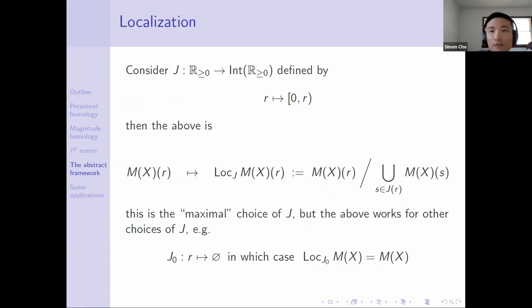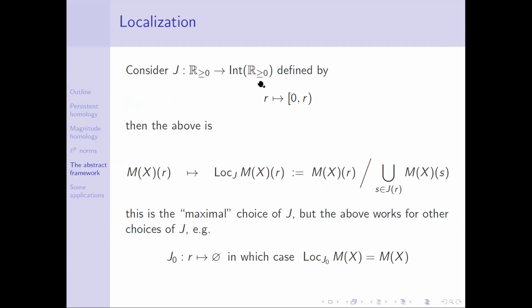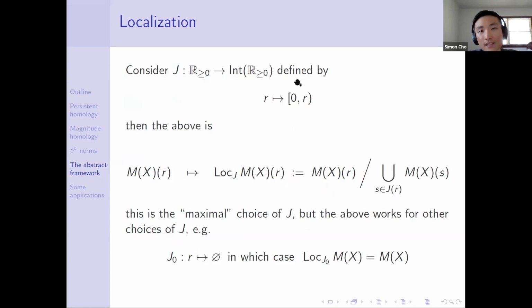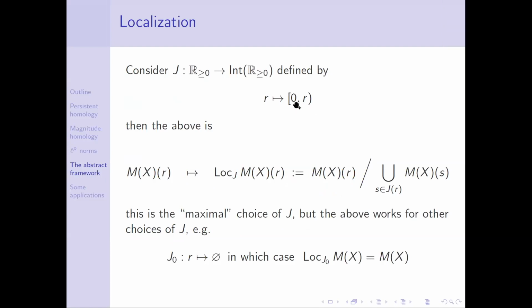So one way to put this on more solid abstract footing is to take a functor from the real numbers into the category of intervals of real numbers, intervals containing 0. For example, this is one such choice of J. You take each real number and then you just return this interval.